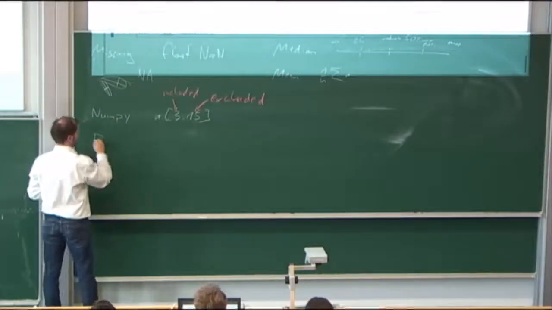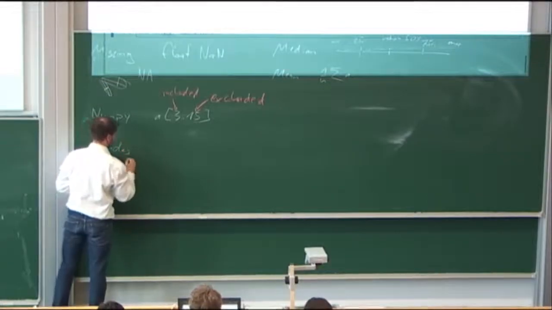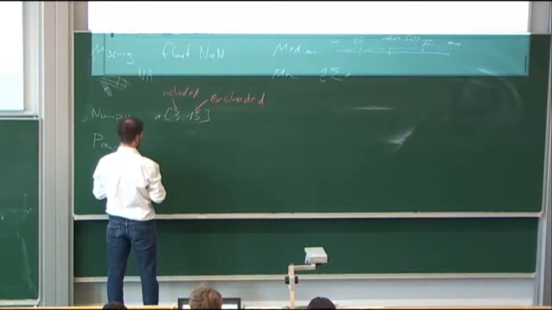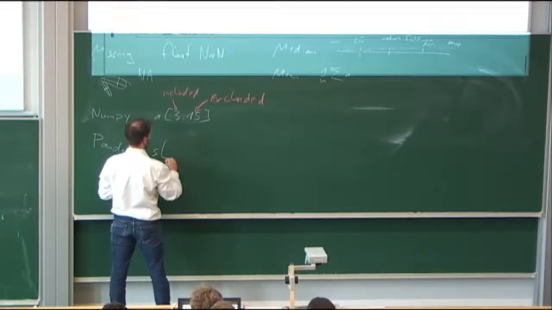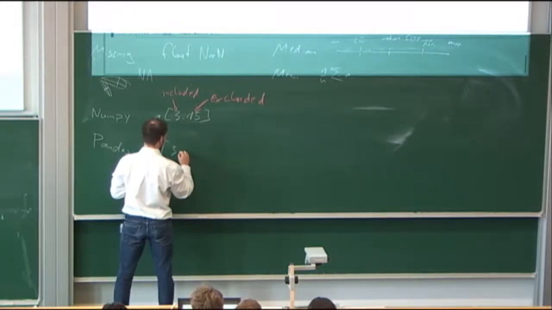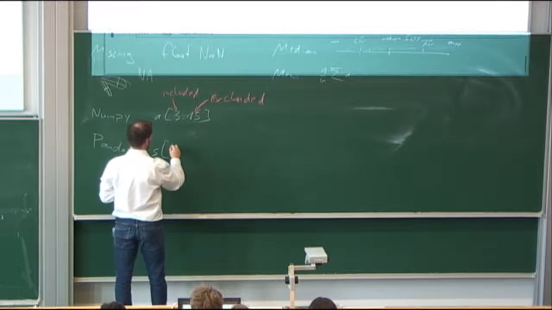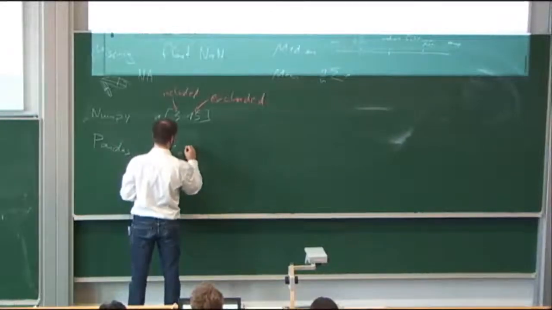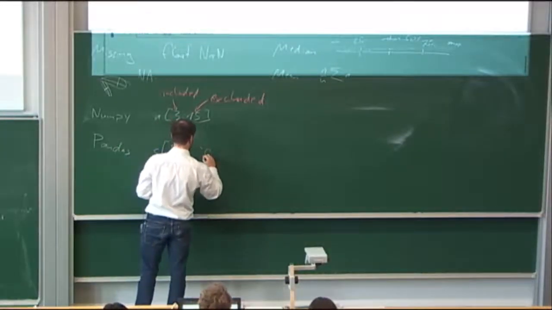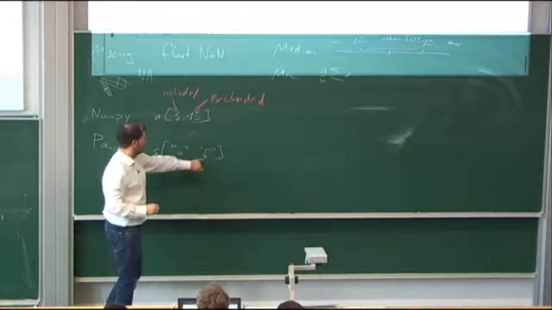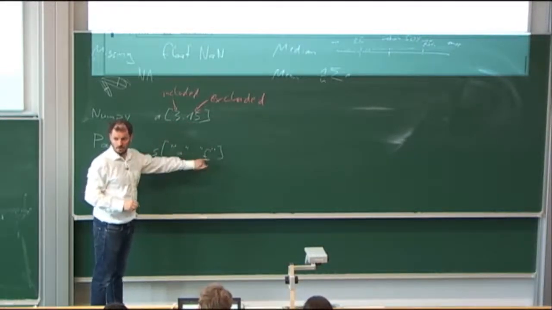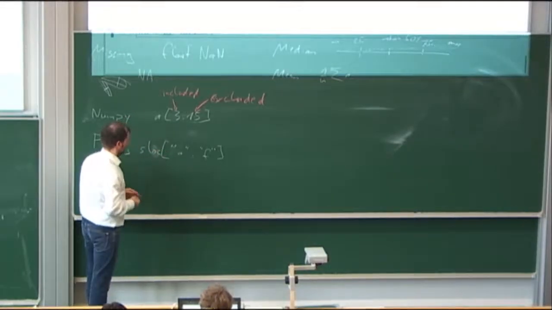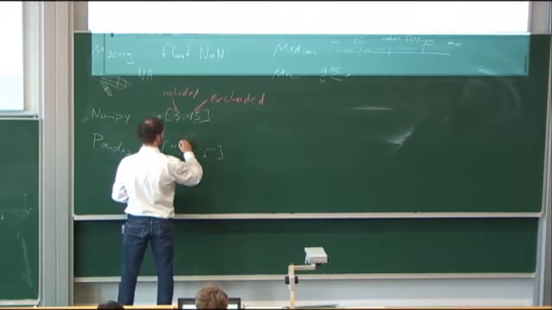Now if we have pandas, we have some series, and maybe the index can be letters, A to F. Here it doesn't make any sense to exclude the F, right? Because you're accessing by labels, s.loc, so this one is included, and this one is also included.